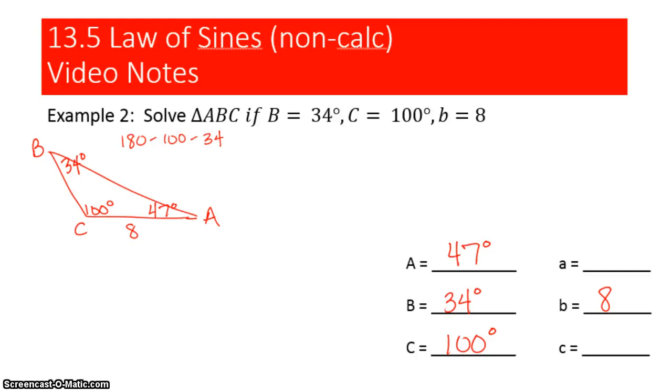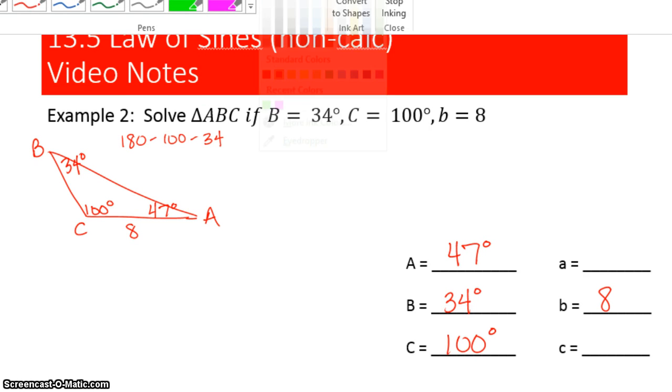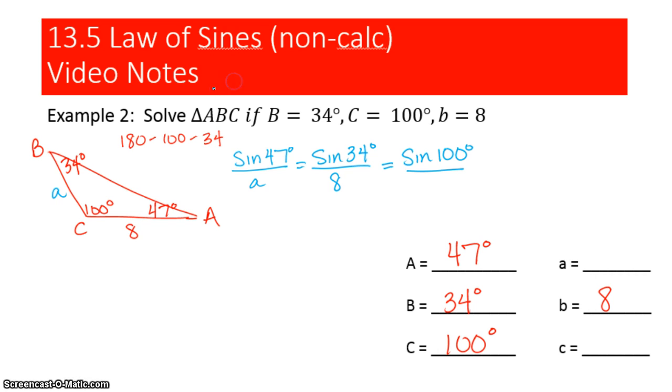Okay, and so if we just go ahead and write in all the different pieces, and we start with A, so we have sine of 47 degrees over side A equals sine of 34 degrees over side B, which is 8. And we have sine of 100 degrees over C, which we don't know.